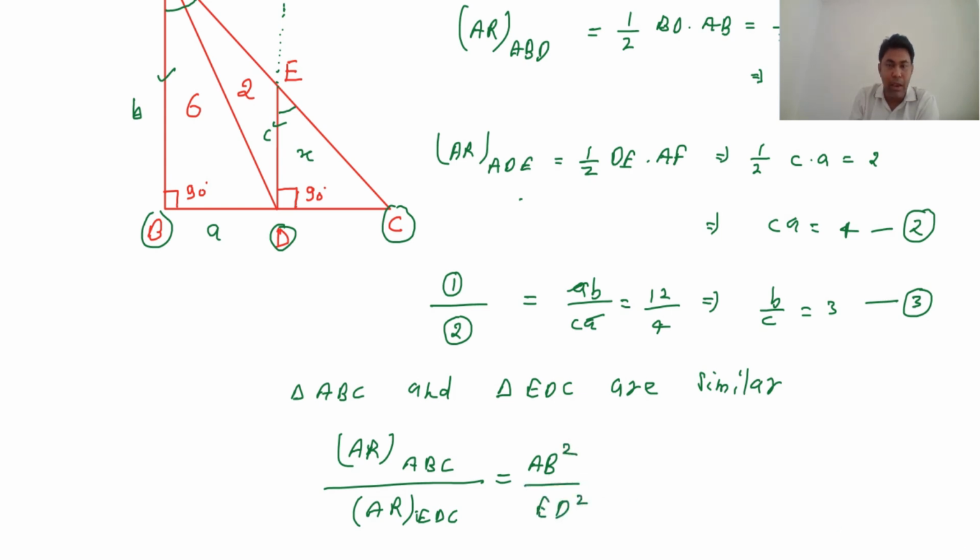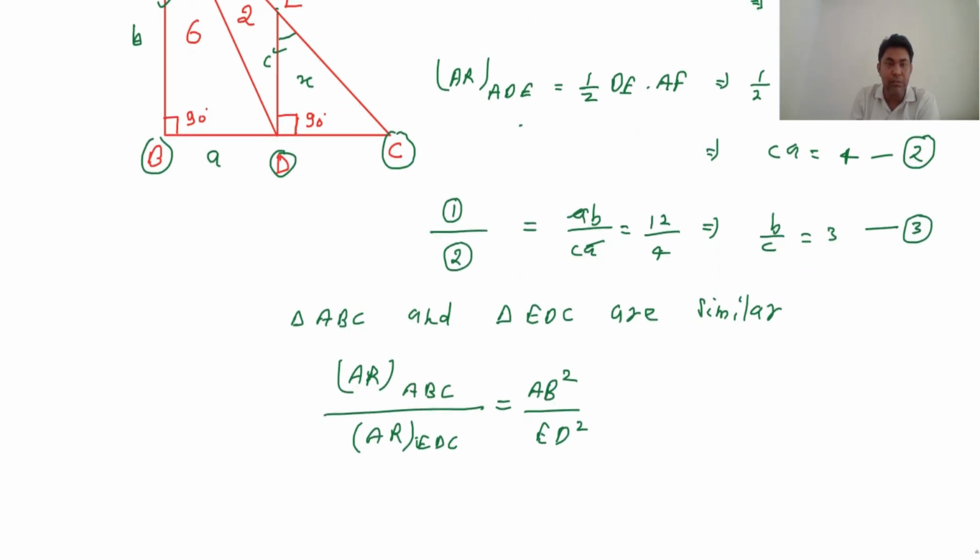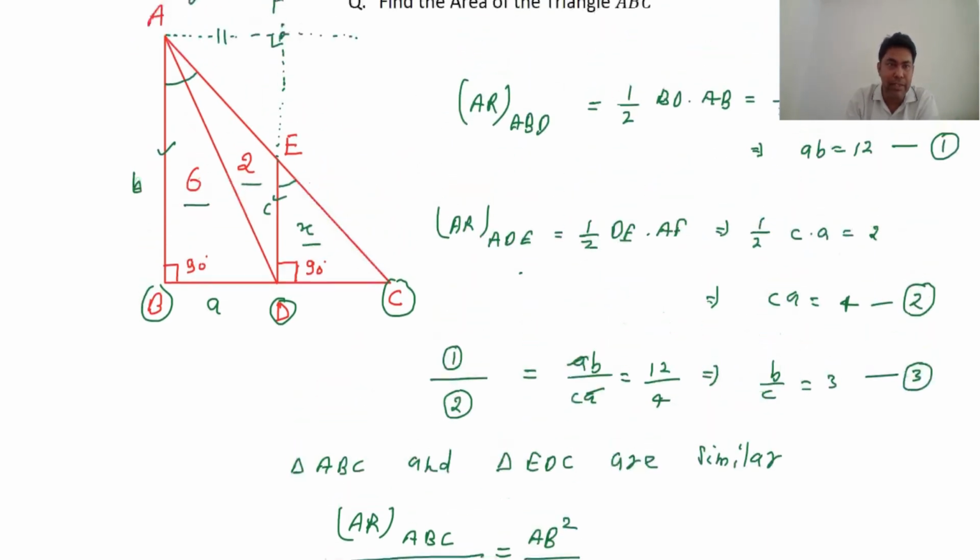If we put in all the values, the area of triangle ABC is the sum of the areas of triangle ABD, triangle ADE and triangle EDC.